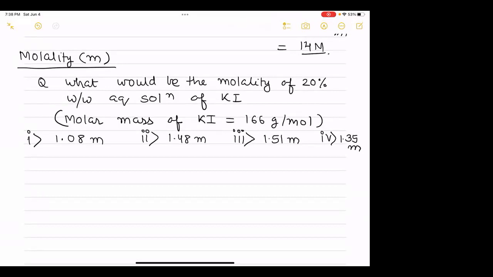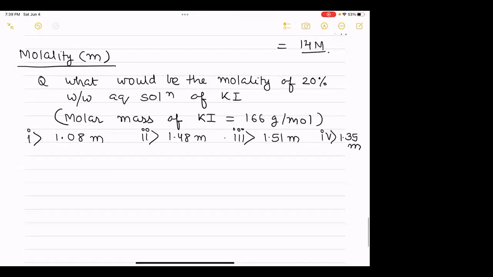Okay, sir. Yeah. So this is also a common pattern. Percentage is given and molality is asked. Sir, is it the third option? What you are getting is 1.51? Yeah, third option.